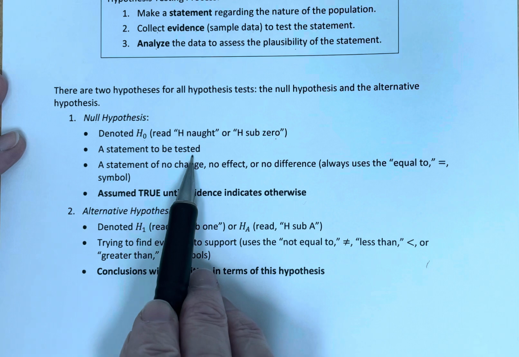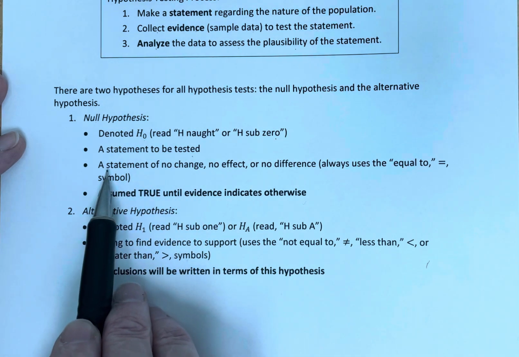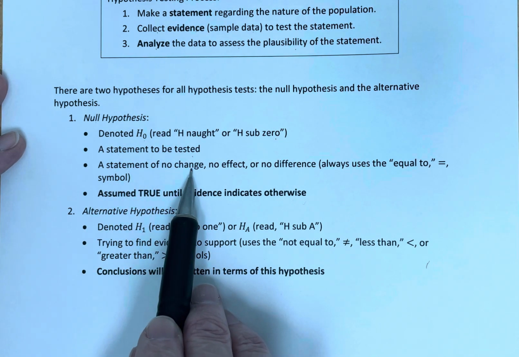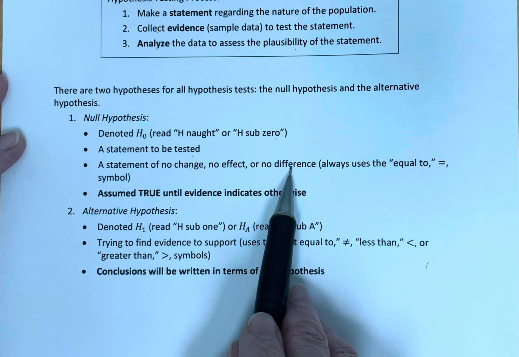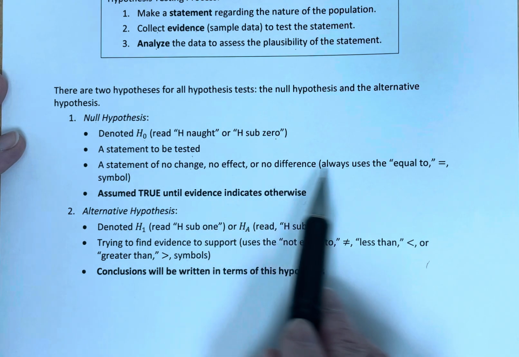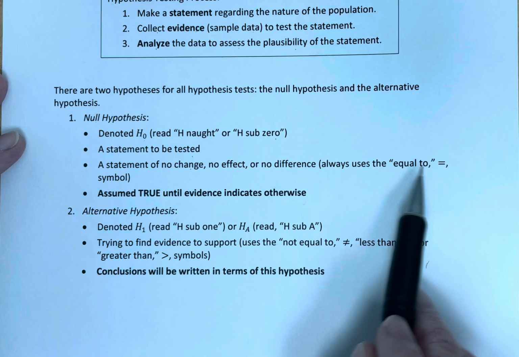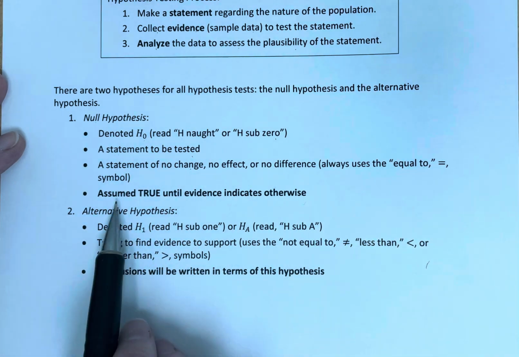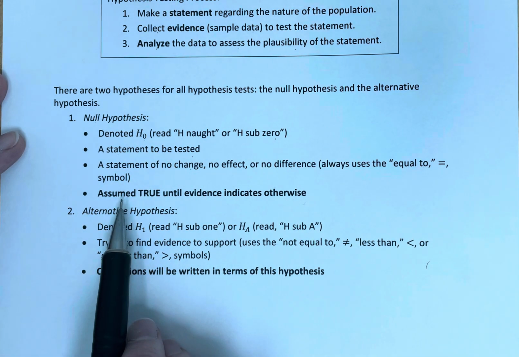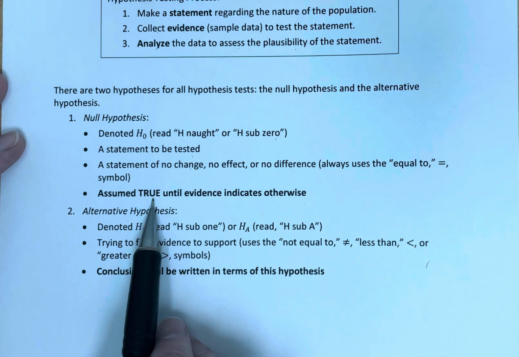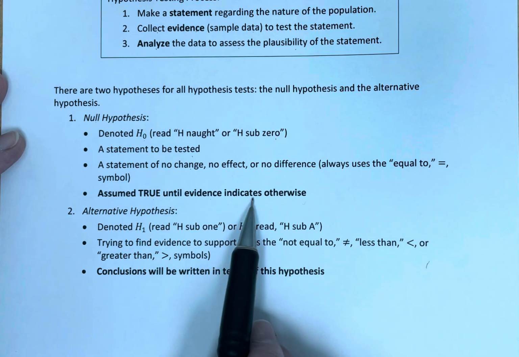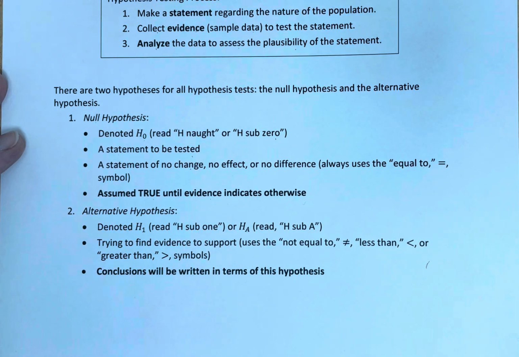It is a statement to be tested. It is a statement of no change, no effect, or no difference. Mathematically, it always uses the equal to symbol. And the null hypothesis is assumed to be true until the evidence indicates otherwise.